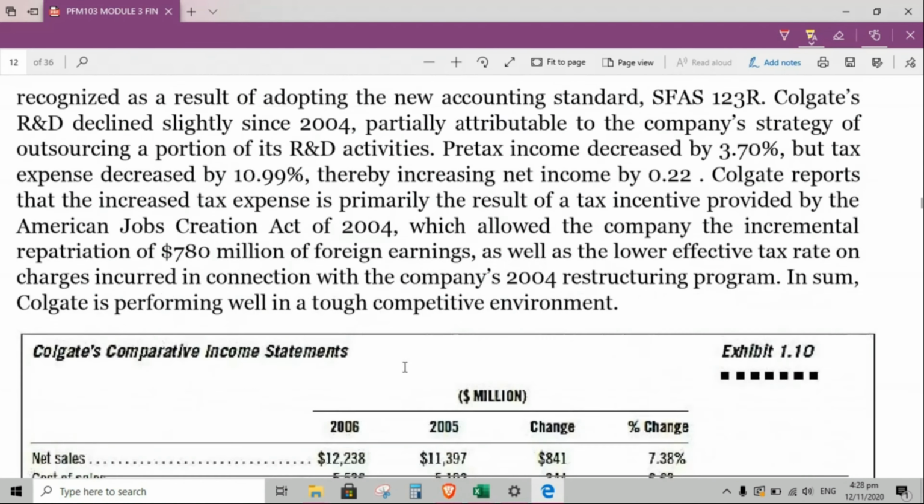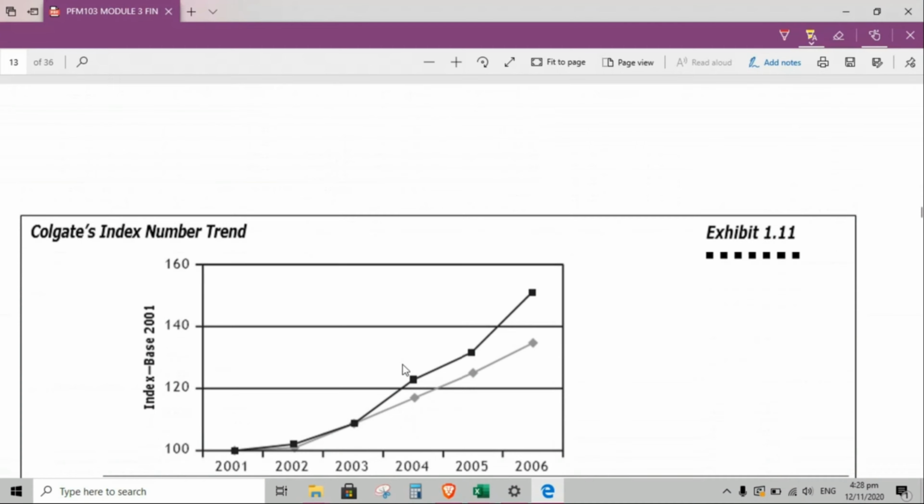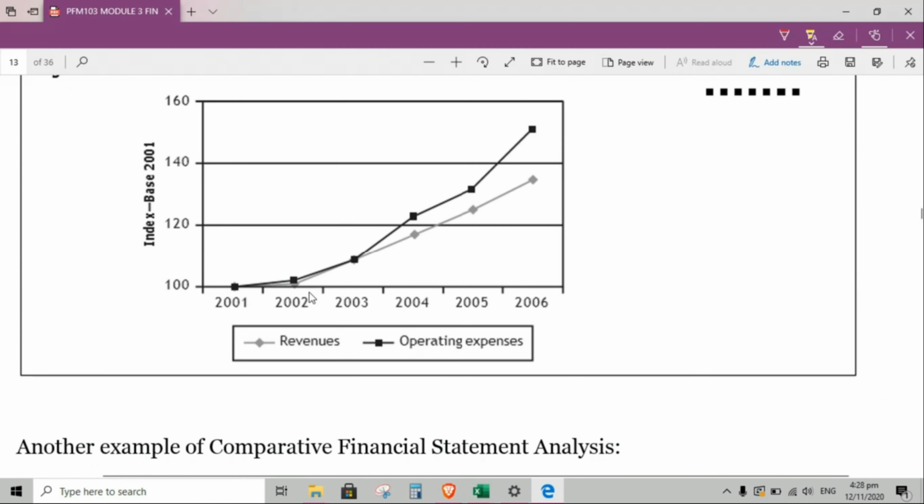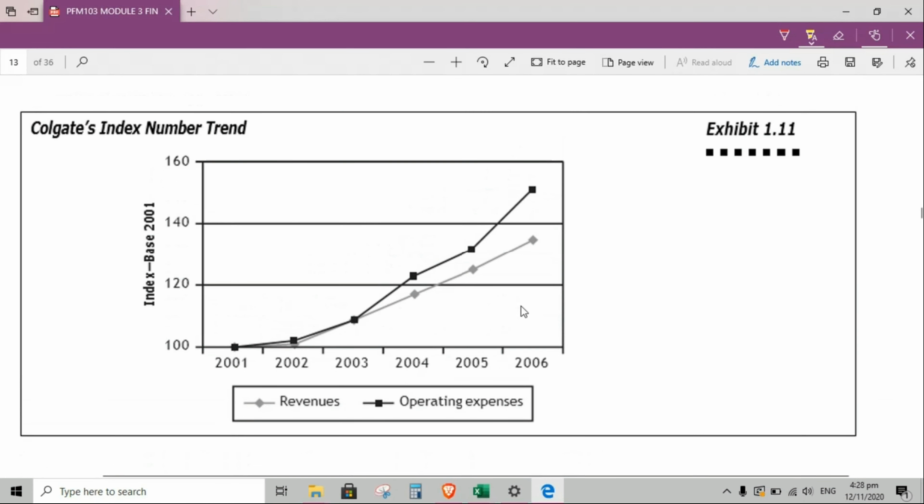Example niyan, kung makikita mo, yung company ng Colgate, paangat yung kaniyang mga results from 2001 to 2006. This is very promising, di ba? Based on the data, maganda yung takbo ng kumpanya.